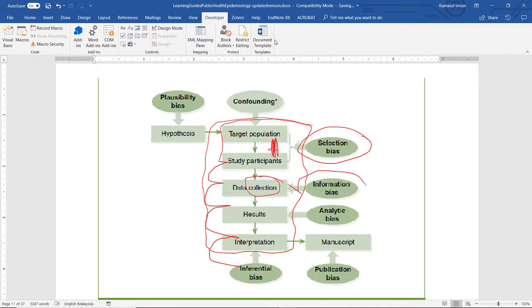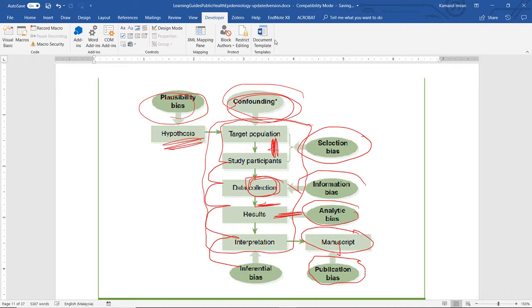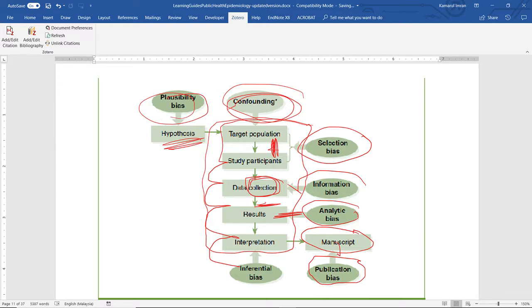Information bias affects the data collection. Analytical bias affects the results. I think it should be analysis. You're right. And even when you have written a manuscript and you publish, there can also be publication bias. You tend to publish interesting results, significant results. Confounding, and the plausibility bias for your hypothesis.